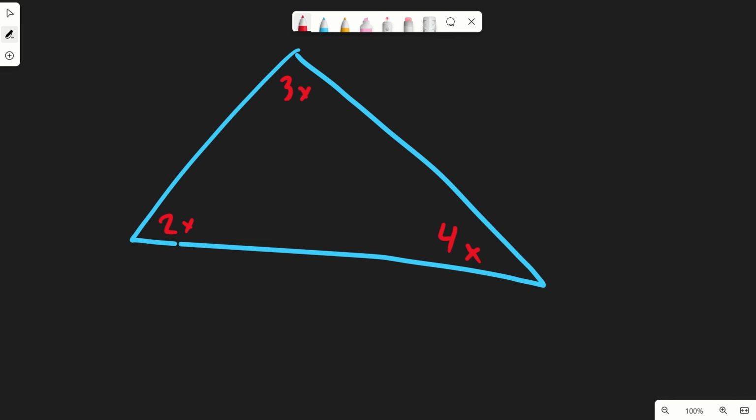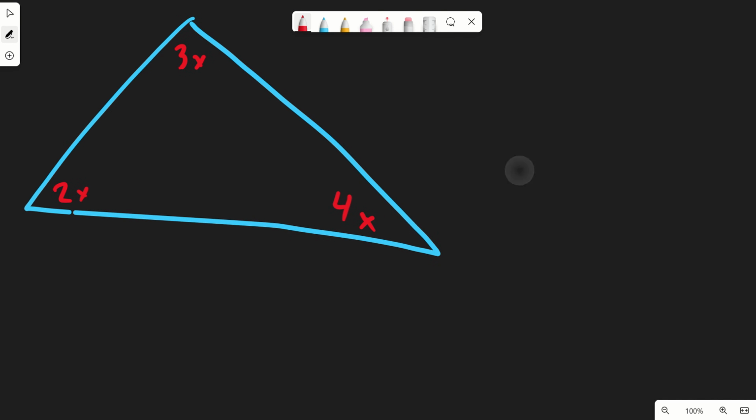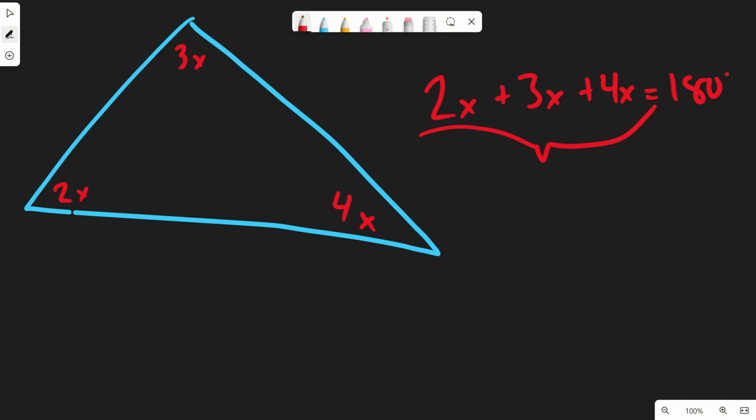Well, I could say, okay, well, I know that 2x plus 3x plus 4x will equal 180 degrees. Now, if I have 2 x's, then 3 more x's, then 4 more x's, how many x's do I have? I have a total of 9x equals 180 degrees.